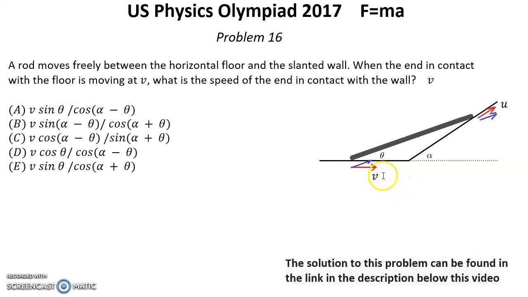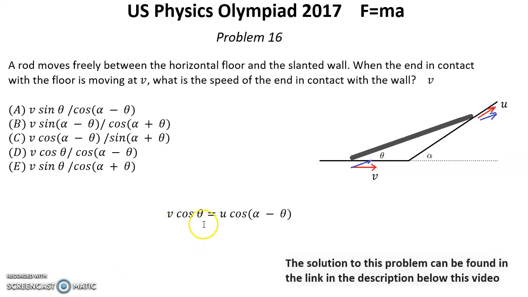If we take this projection for v and for u, these two projections have to be equal to each other to preserve the length of this rod. And this is why we have this equation.